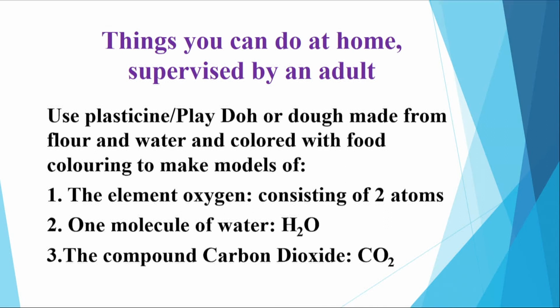So you can make the element oxygen consisting of 2 atoms, or you can make a molecule of water consisting of 2 hydrogen atoms and 1 oxygen, or you can make the compound carbon dioxide, which consists of 1 carbon and 2 oxygen atoms. As I showed you, you can use plasticine and toothpicks, for example, and you can make these models.